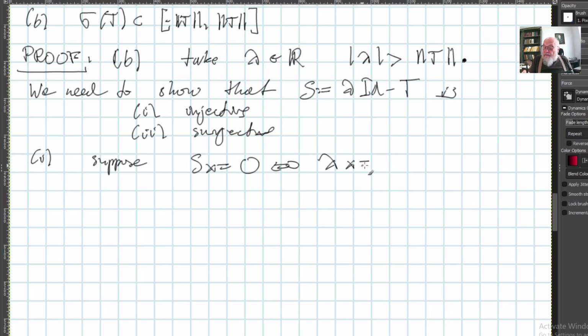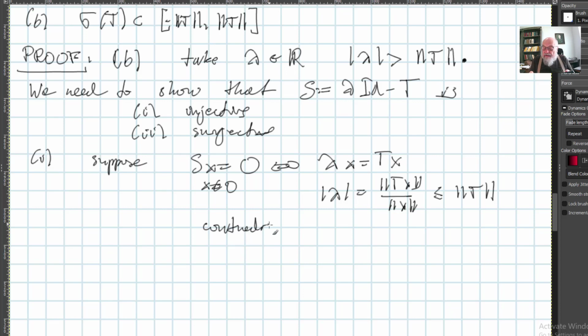This is the same as lambda x equal to T of x, so lambda is equal to the norm of T of x divided by the norm of x, and that is smaller or equal than the norm of T, so that is a contradiction with the assumption that we made here.